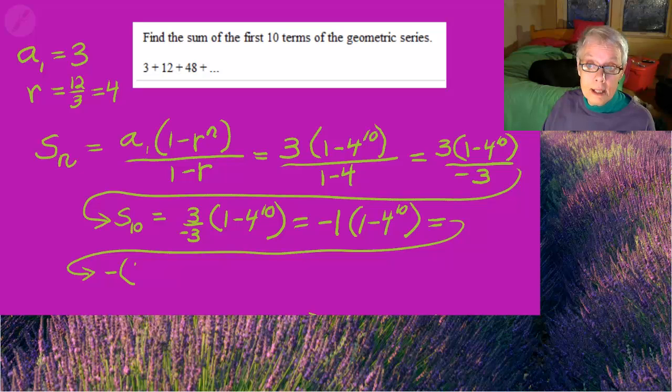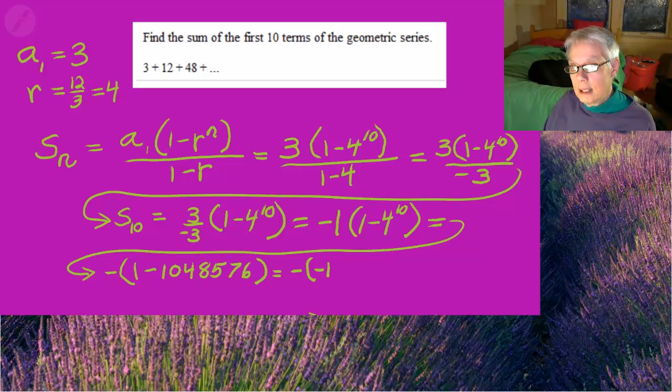We're going to have negative, because that's negative 1, negative parentheses 1 minus 1,048,576. Really big number. That's going to equal negative parentheses negative 1,048,575.